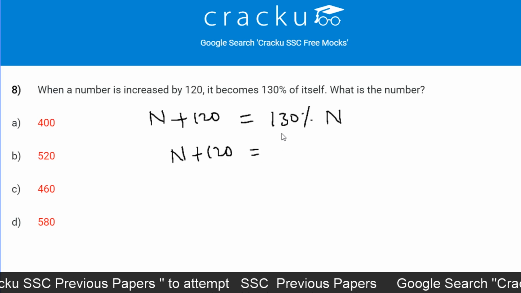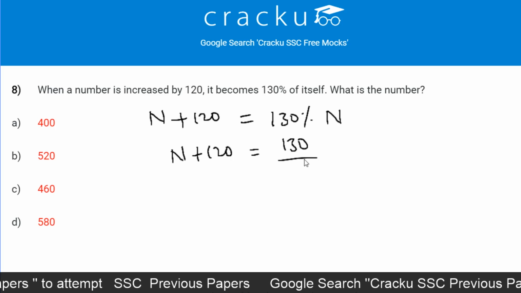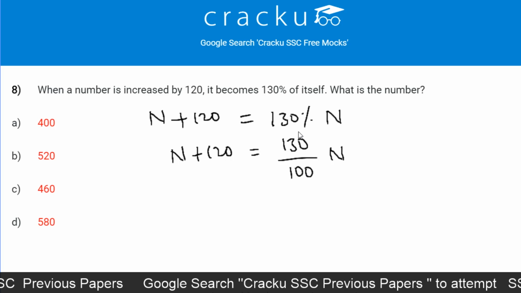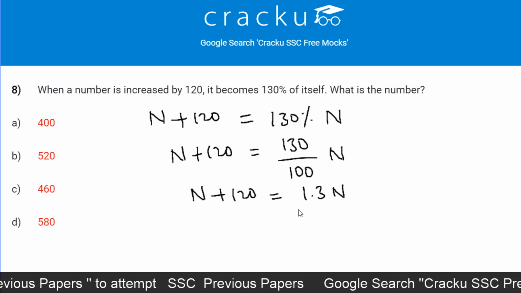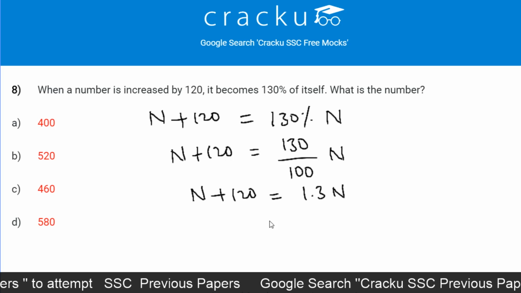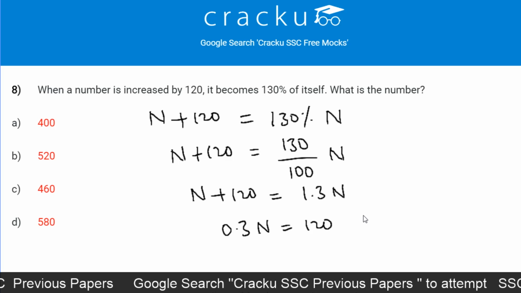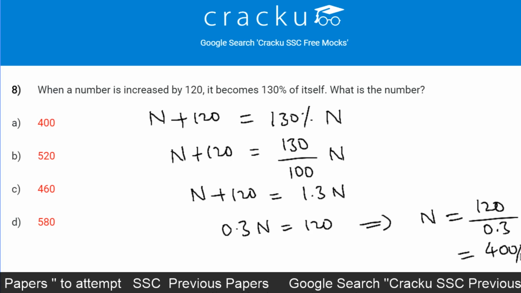If we simplify this, 130% is nothing but 130 by 100. So this is turning out to be n plus 120 is equal to 1.3 into n. That is 0.3 into n is equal to 120. n is equal to 120 by 0.3, which is 400.